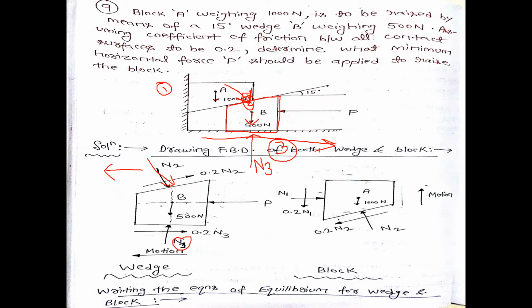Since the wedge is moving along the negative x direction, this taper part of the wedge is moving this way, so the frictional force will act in this direction, which is mu times N2, that is 0.2 times N2. So this is the final FBD of this wedge. Any doubts so far? No, sir.